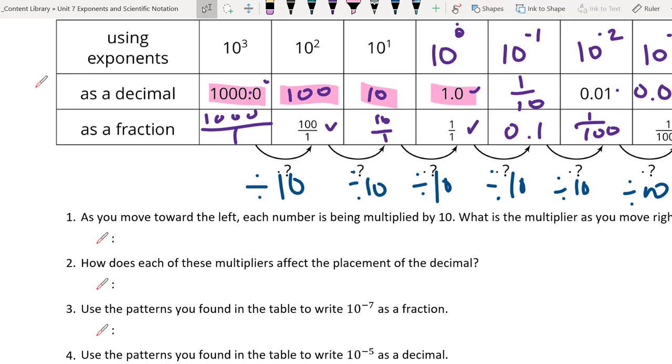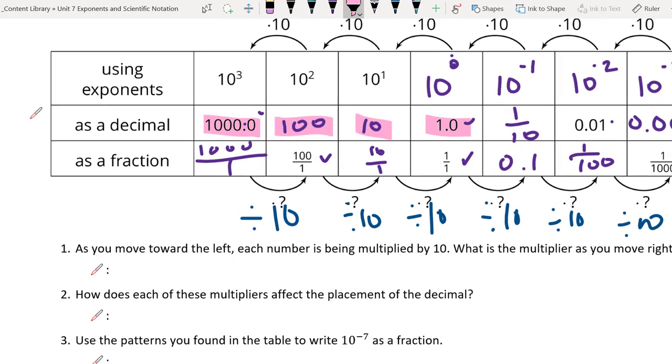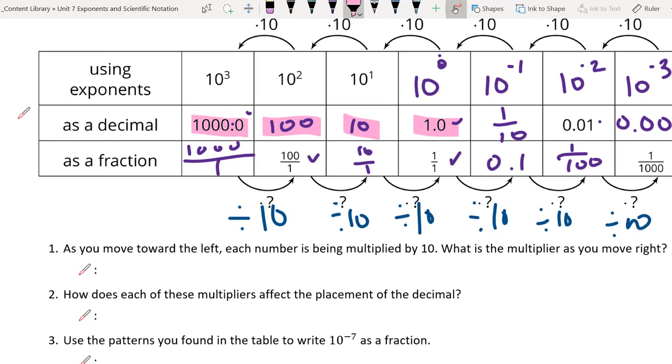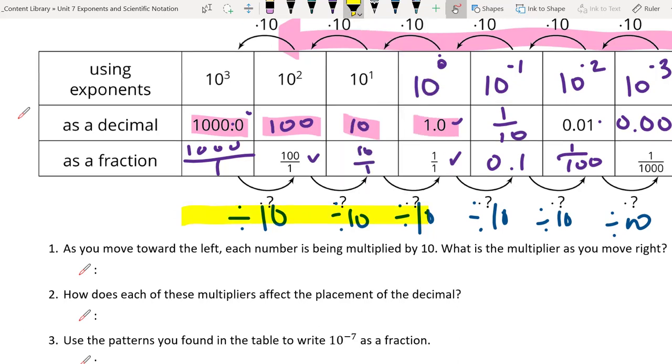As you move to the left, so that means if you go this way, and if you look up at the top, it's got it going this way, you multiply by 10. So going this way, they multiplied by 10. That's what those little dots mean. But if you're going this way, what's the multiplier?